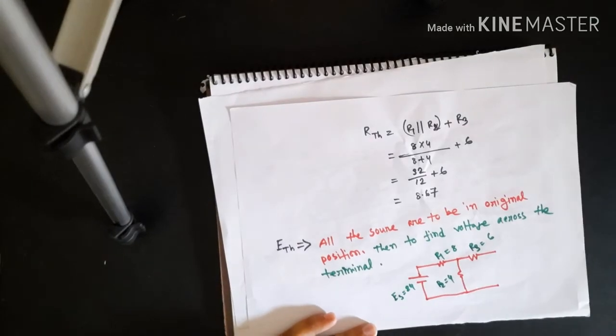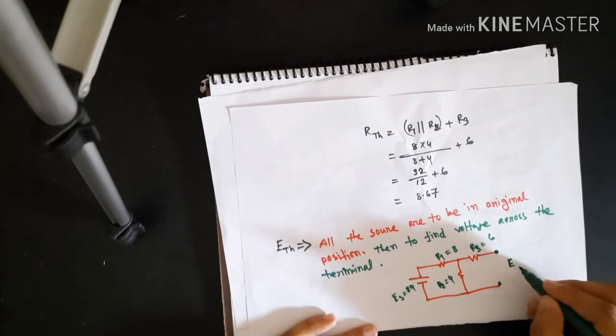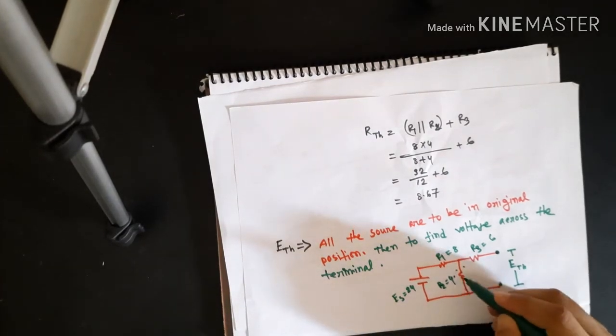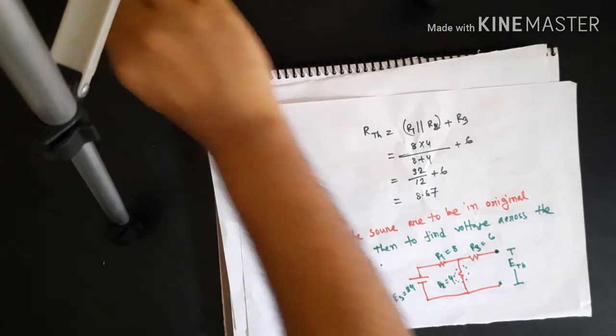Now the voltage across this terminal is exactly the Vthevenin we want to find. So we can see Vthevenin is exactly equal to the voltage across this resistance R2. So if you find the voltage across R2, that is exactly the voltage across the terminal, which is Vthevenin.